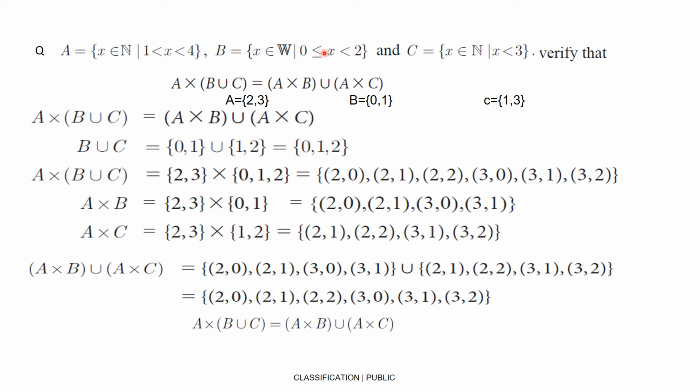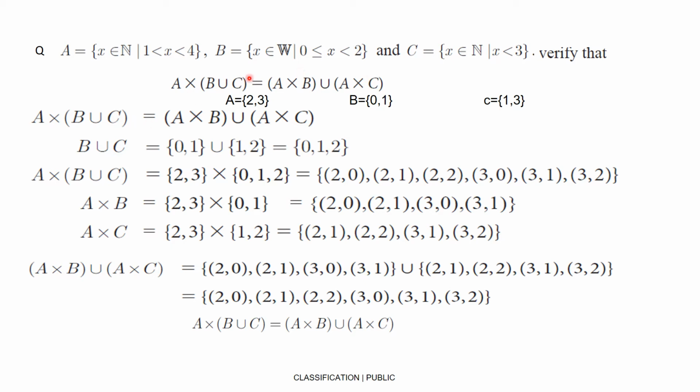And C equals {x belongs to N such that x < 3}. Verify that A cross (B union C) equals (A cross B) union (A cross C). So we have to prove that.